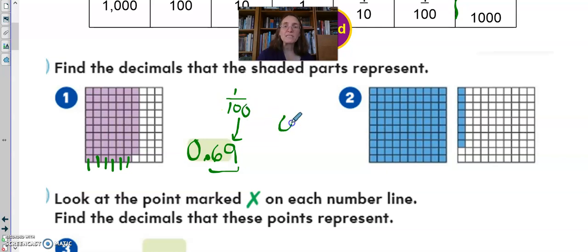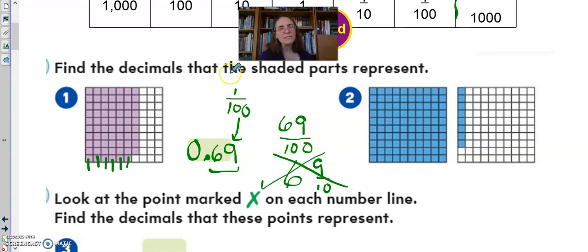I can of course express 69 as hundredths, but I can't do it very well with tenths. In that case I would have 6 and 9 tenths. Oh my goodness, it just gets confusing that way. So we're always going to say the lowest place value because that's what our denominator will be.